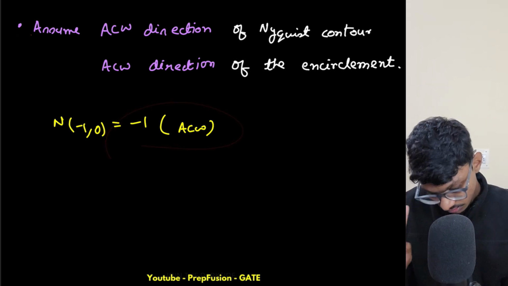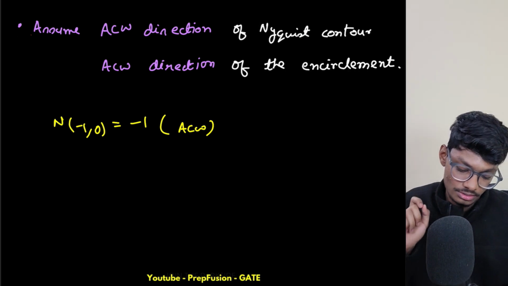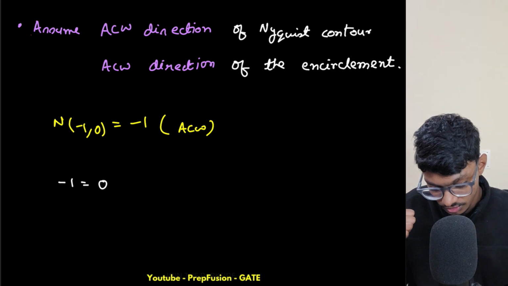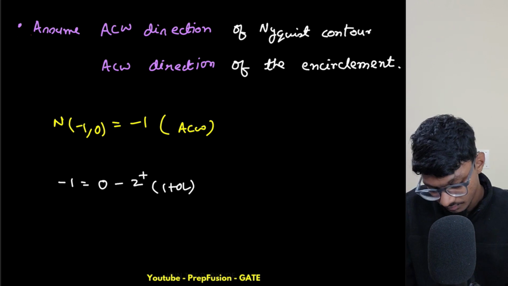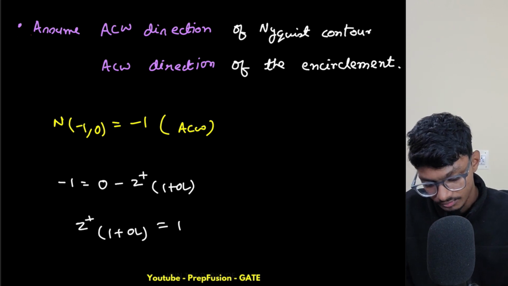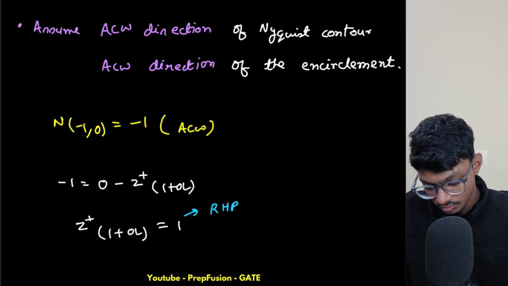So if N is minus 1, now what do you do? You put it in the formula: minus 1 equals 0 minus Z plus 1 plus OL. So my Z plus will be 1. So I will have one right hand side closed loop pole.